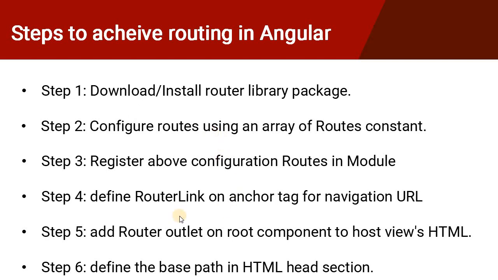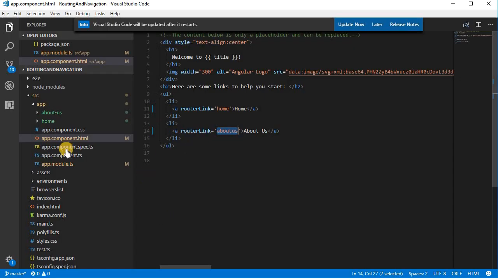And our second last step is to add router outlet on root component to host view HTML. So we can define router outlet here. Whatever is inside home or about us components, it will render here.